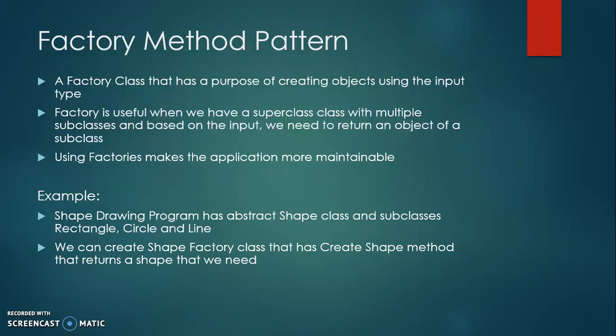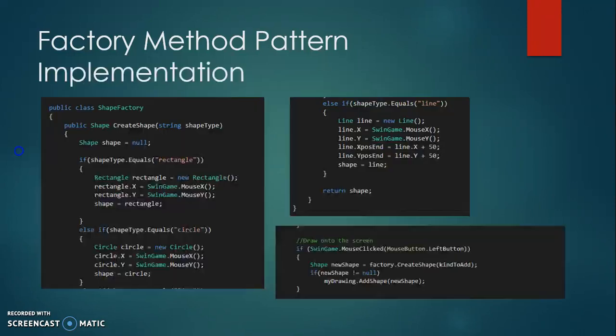So let's have a look. How do we implement this factory method pattern? We create a ShapeFactory class that has a createShape method that returns the shape that we need. So we have here a public method createShape. It returns a Shape, and we have as a parameter a shapeType that indicates what kind of shape we want to create.